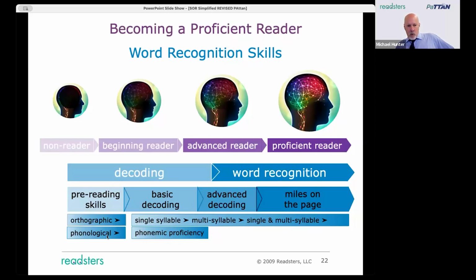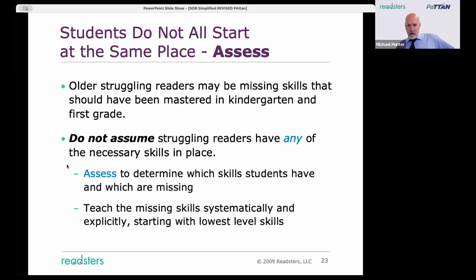So there are basic phonological skills that happen pre-decoding, in the pre-reading stage, but then there's some continued phonological awareness development that has to happen, that David Kilpatrick calls phonemic proficiency, that needs to happen during the basic decoding stage. And we'll visit that in a minute and talk more about that.